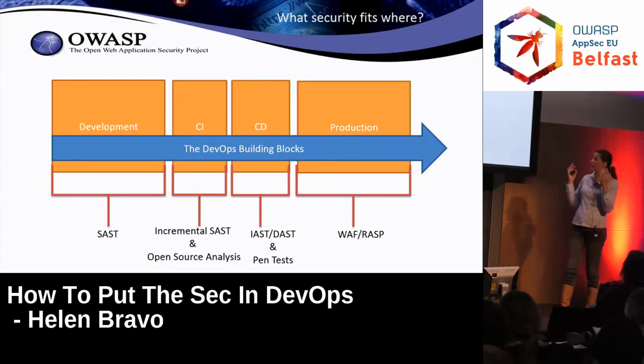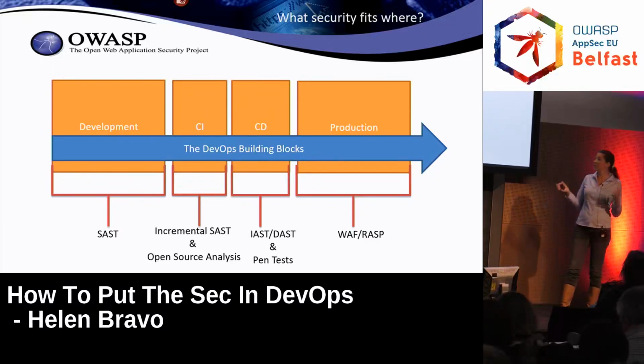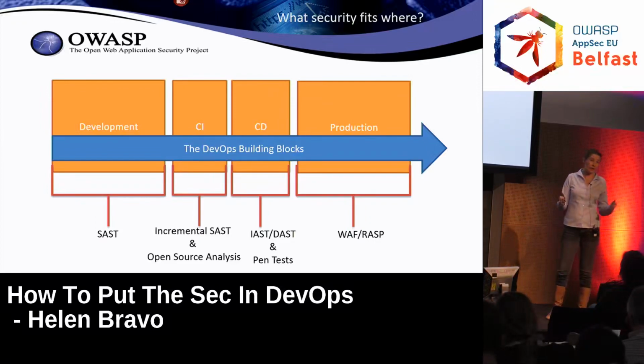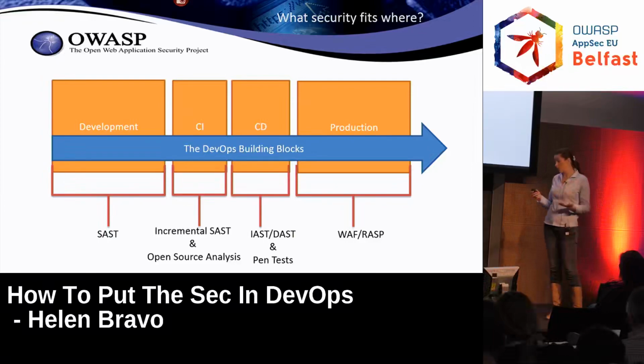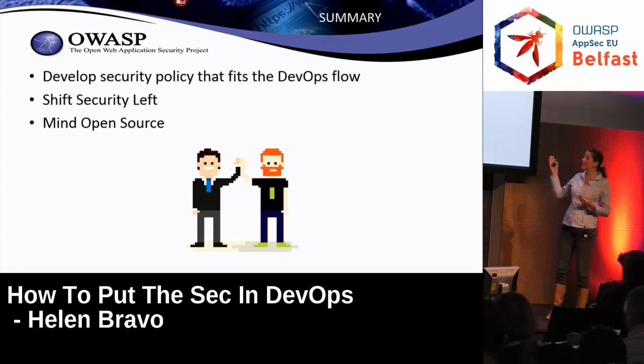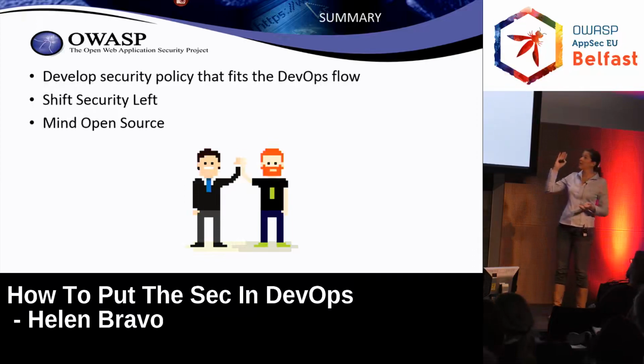Because if security delays them, or if security brings not very qualified findings, they will lose their trust. And if you do bring serious results, they will eventually act on them and embrace it into the project, into the process.